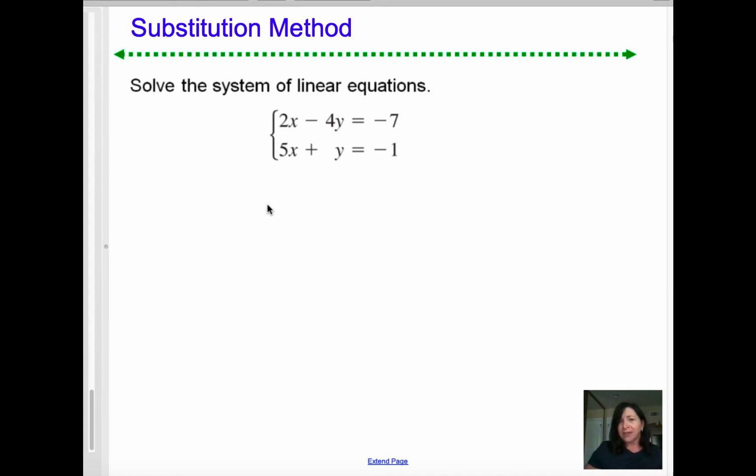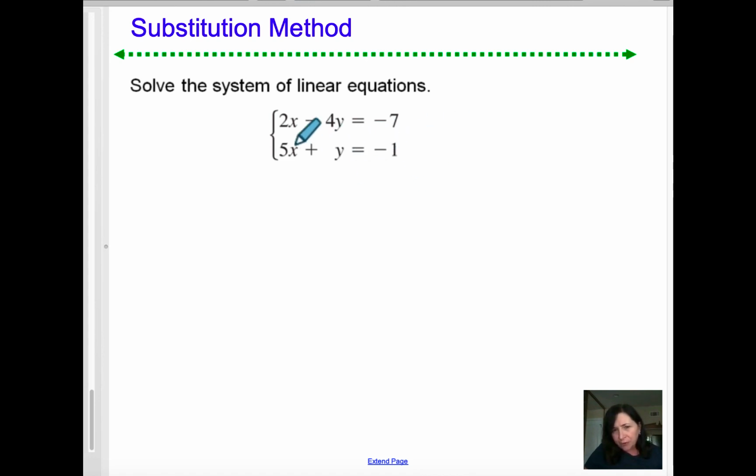I wouldn't mind doing one more problem, and that would be maybe this one, and solve by substitution, which we haven't done yet. If I were going to solve this by substitution, it means we're not adding and subtracting to eliminate one of the variables. We're actually solving for x or y, and then we take that value and plug it into the other equation.